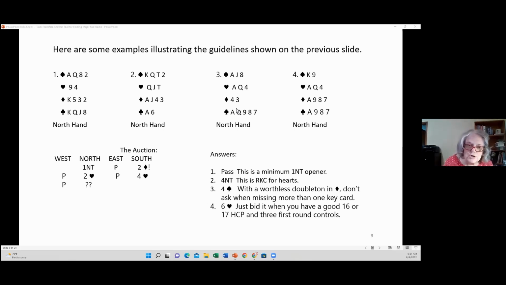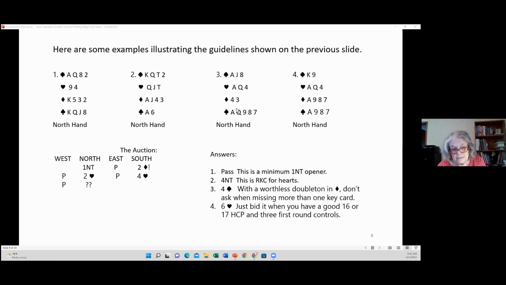But if partner had... No, you open 2 no trump. Well, if I open 2 no trump and my partner did that, then I just go ahead and bid key card then. If I opened 2 no trump and my partner used a Jacoby transfer and bid 4 hearts, indicating slam interest, he has at least a hand worth at least 13 points.